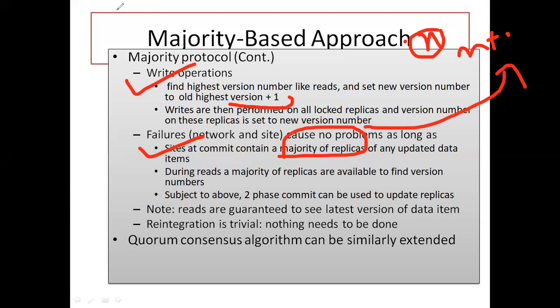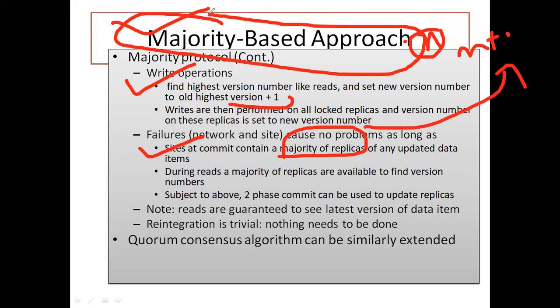As you know, in the majority-based approach, we look at the majority of those replicas. It may be possible that not all the replicas can be retrieved, but if we get the majority at the particular site where the commit operation is carried out, then it is okay. We don't need to think about those sites which have undergone failures.